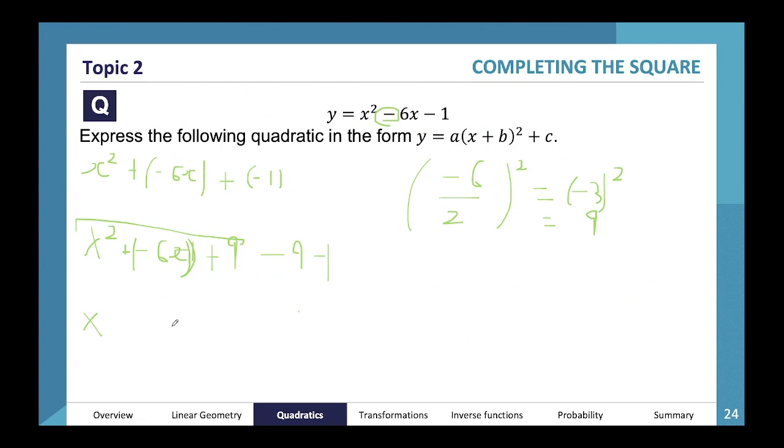So it's going to be x plus negative 6 by 2 squared minus 10, which is going to give me x is equal to minus 3 squared minus 10. All right, who thinks we're done?